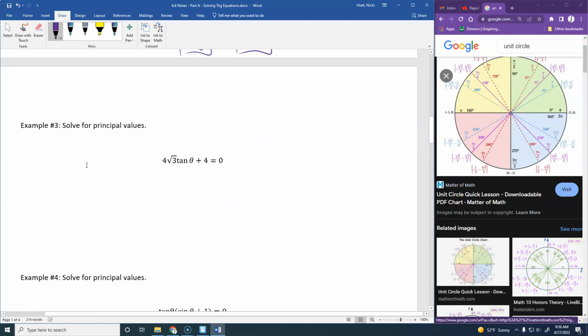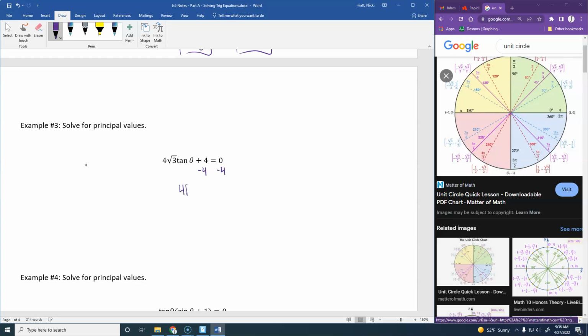All right. This one is a little bit more difficult. Not really because the problem is more difficult, but tangent makes it a little more difficult because is tangent on the unit circle? No. So we're going to have to think a little harder. If I subtract, just like the other ones, I'm just going to subtract that 4.